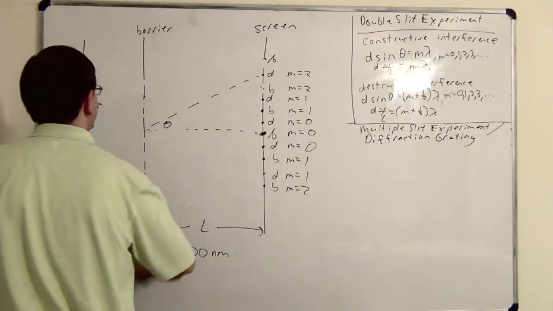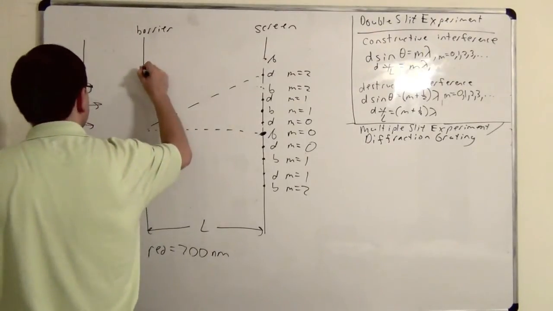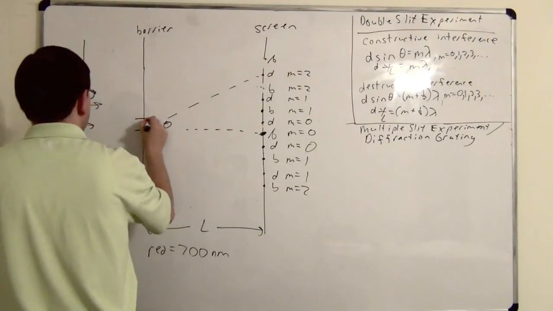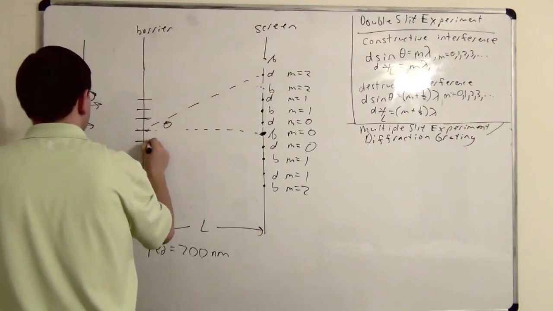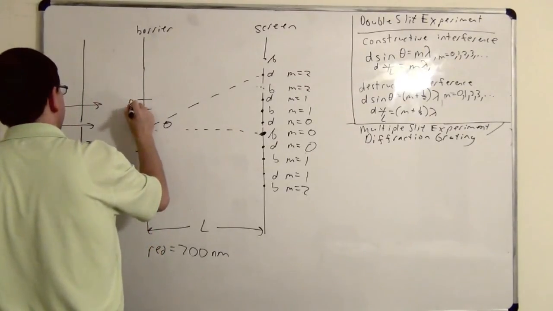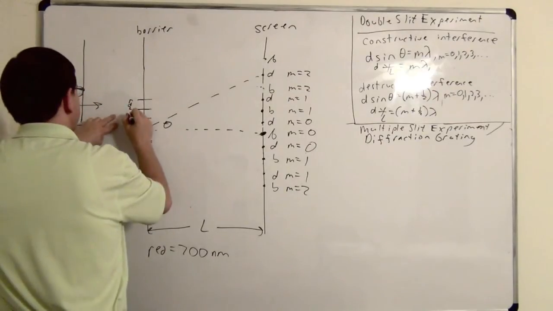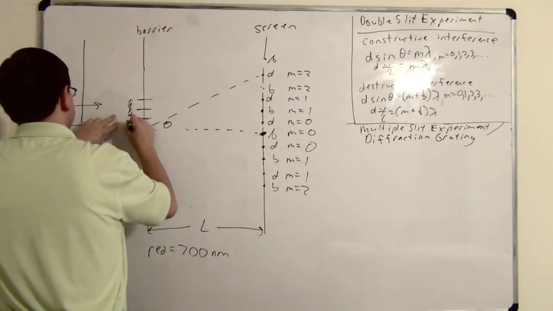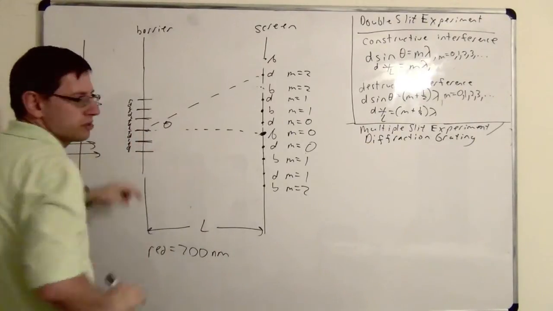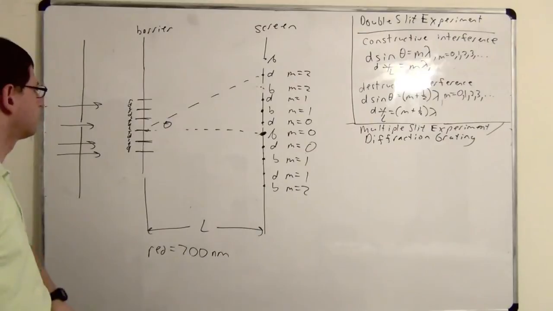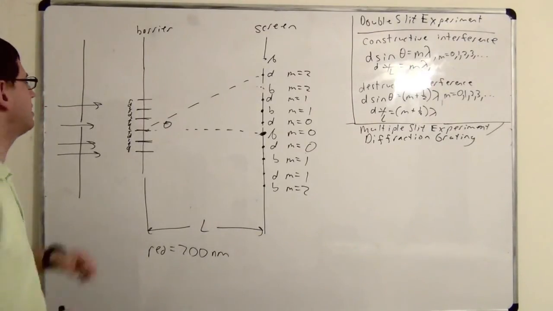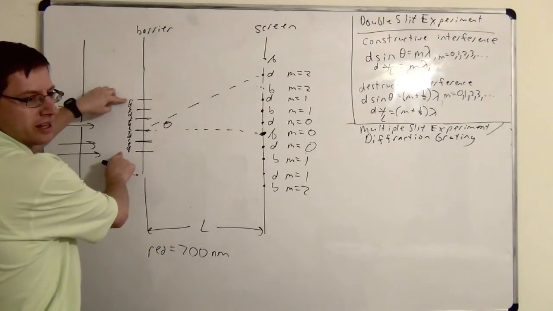So if each of these lines is a slit, then this distance would be D. And this distance would also be D. And this distance would also be D. And this distance would be D. And that distance would also be D. So notice, is D the complete length of the diffraction grating?